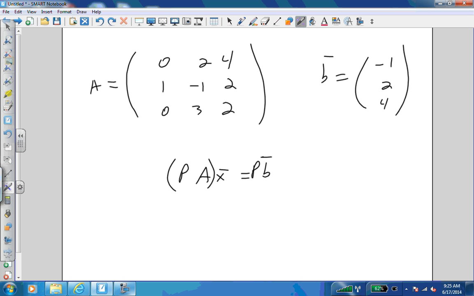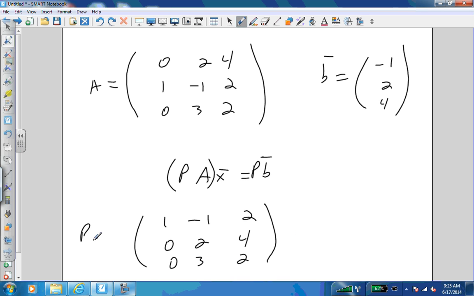So let's do our permutation. Let's swap those so that we have 1, negative 1, 2, 0, 2, 4, and we're going to leave the bottom row where it is. PA.